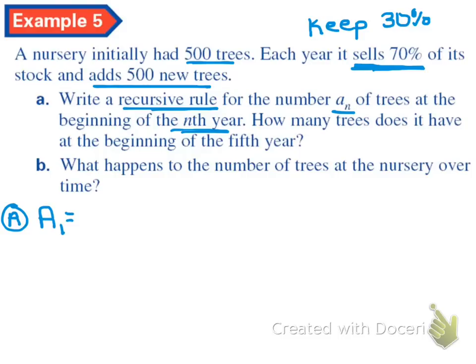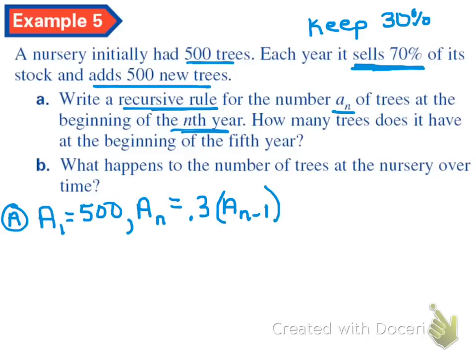Our initial amount was 500 trees. Then at the beginning of every year after that, we don't have the 500 trees anymore. We sold 70%, but we kept 30% of that initial amount. So 30% of the initial amount, well, remember that's the a sub n minus 1.